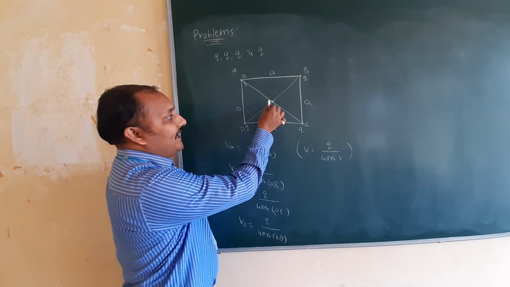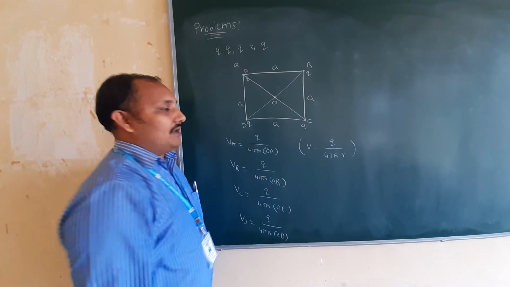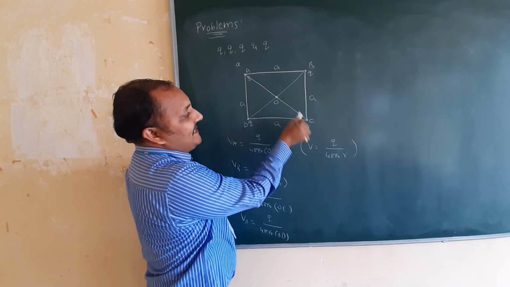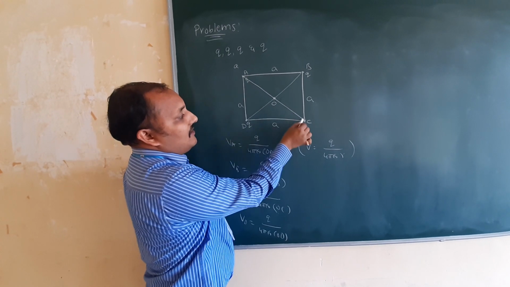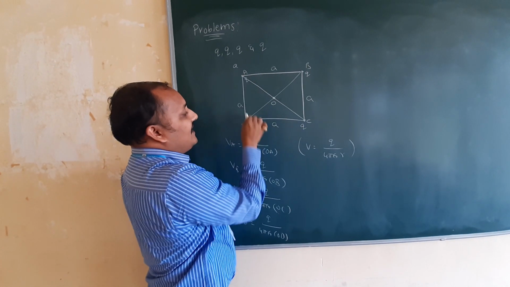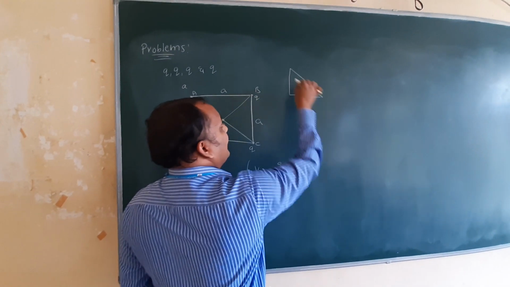Now we have to find OA, OB, OC, OD. For this, first we find AC. What is the distance from A to C? Take triangle ADC, which is a right angle triangle.